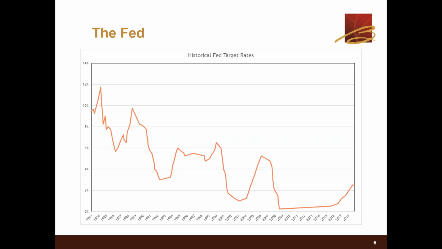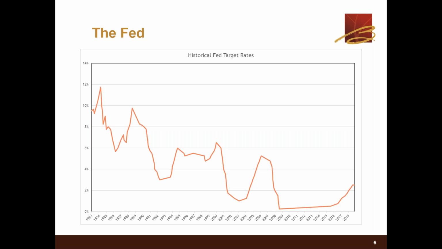One of the things that's observable here is that the Fed target rates, as they move through time, kept reaching lower highs and lower lows. That's an important dynamic in financial analysis.